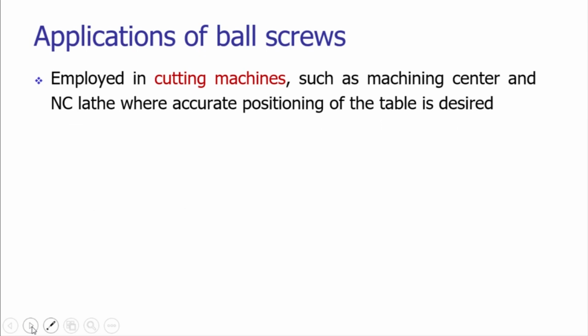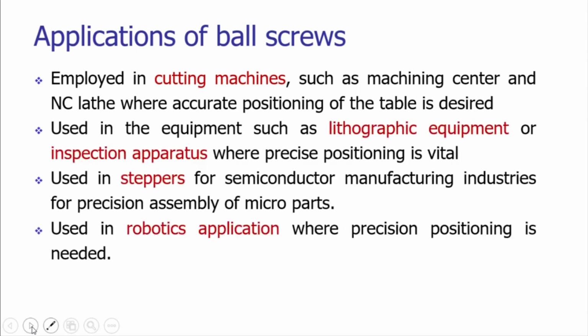What are the various applications? Various applications can be seen on your screen. They are employed very heavily in CNC machine tools. They are also used in lithographic based equipment and inspection apparatus. For semiconductor manufacturing as well, the ball screws are utilized.